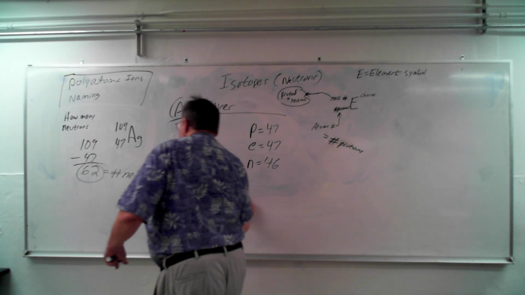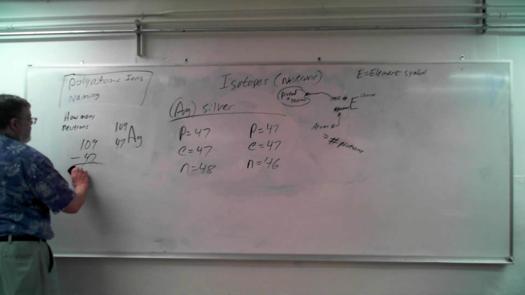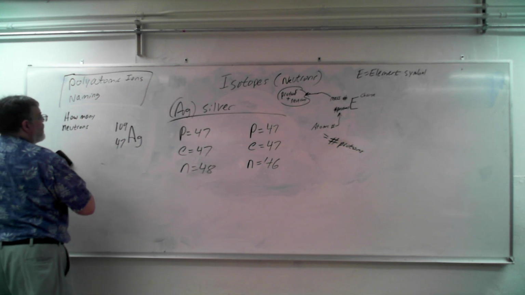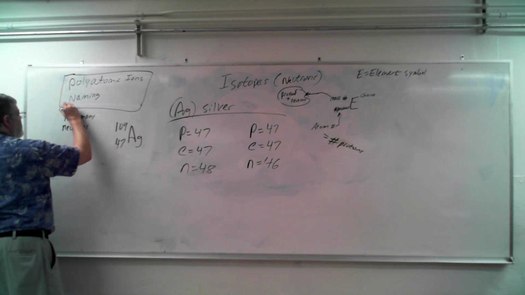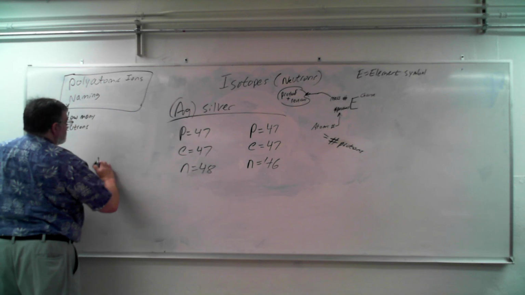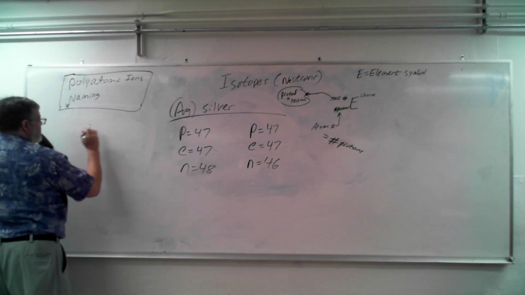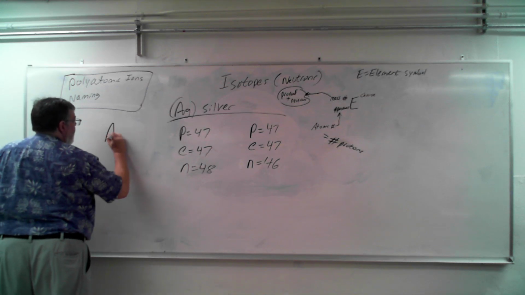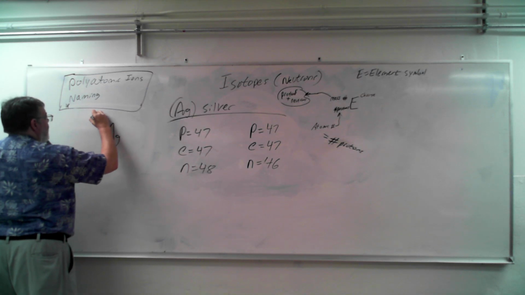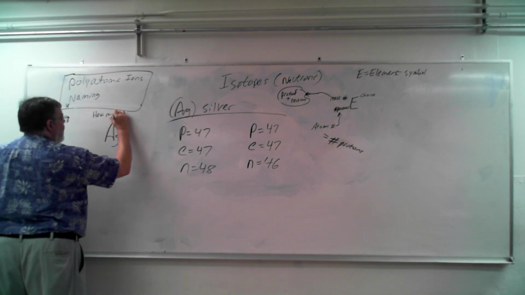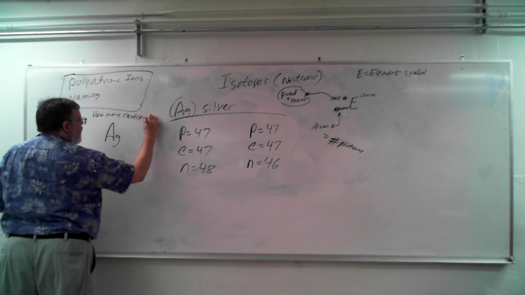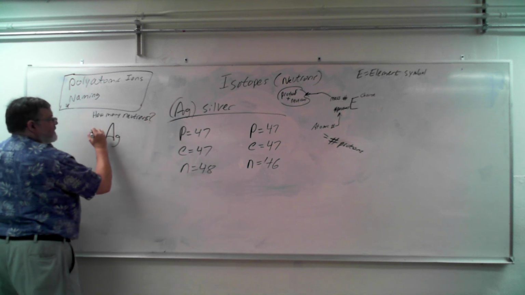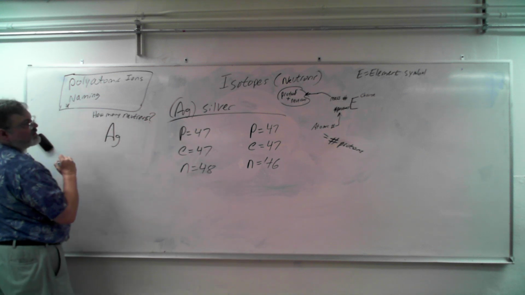Let me write it like this. I forgot something. There's something I went over the other day. I can't remember what it was. Let me write it like this. How many neutrons?